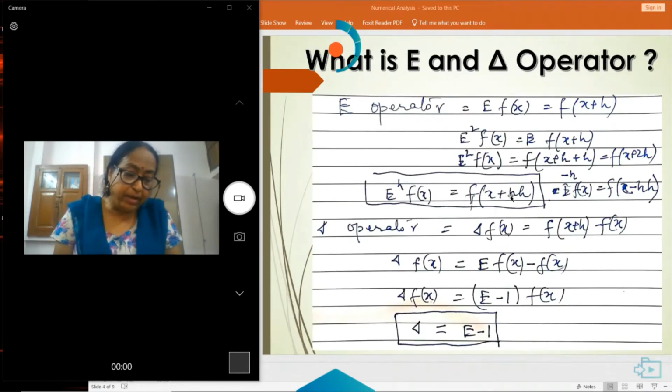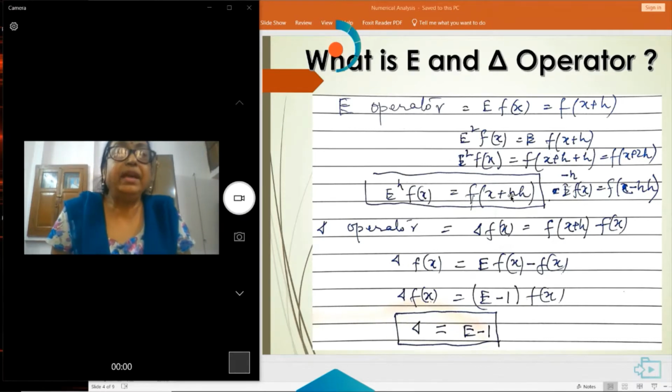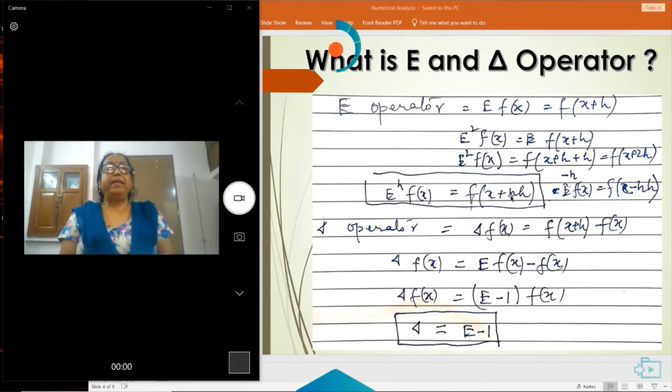Now the E operator is, if E is operating on a function of x, then E f(x) will be f(x plus h). Secondly, E squared f(x) will be E into E f(x), that is E into f(x plus h).